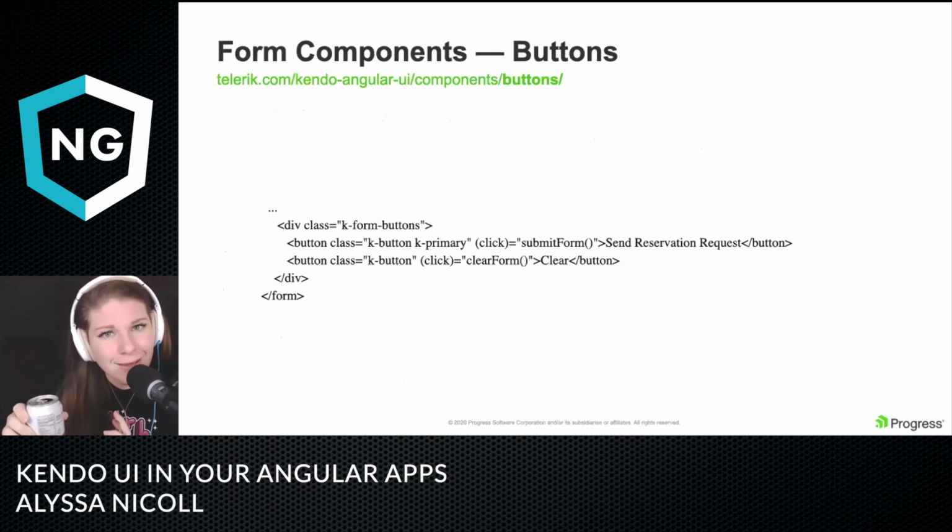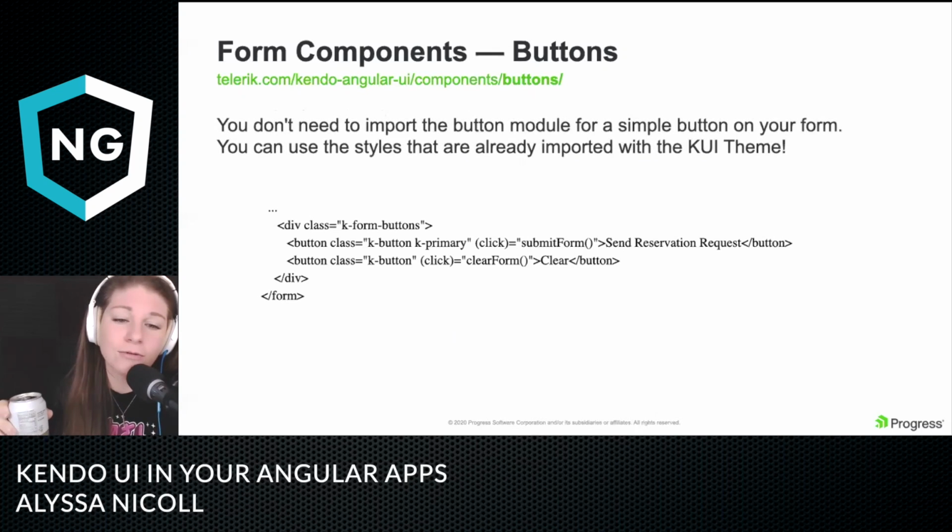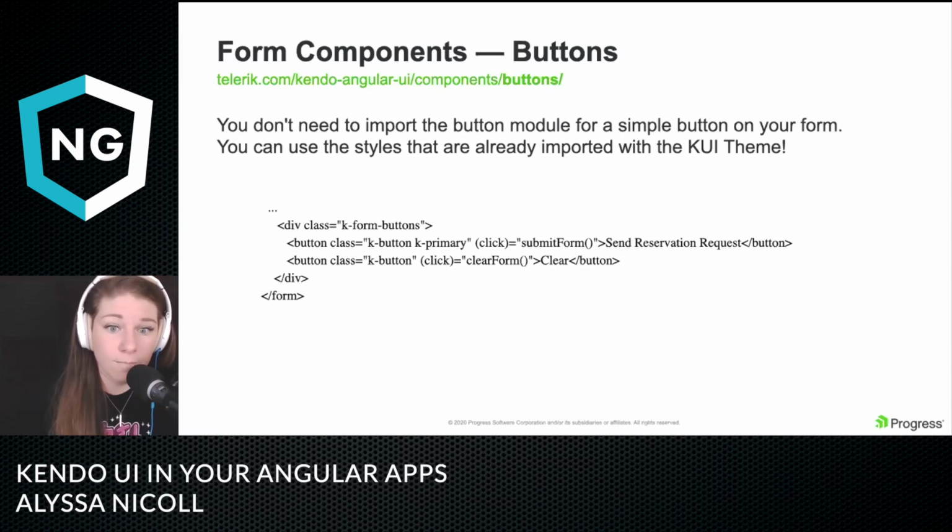And yet there's a submit button on the form and you're like, wait, what? How is that possible? So you don't actually need to import the button module for a simple button on your form. You can always just use the styles that are already imported because you've imported Kendo UI, you have our theme. So you can just go ahead and on your submit button, throw a k-button and it's going to style that.